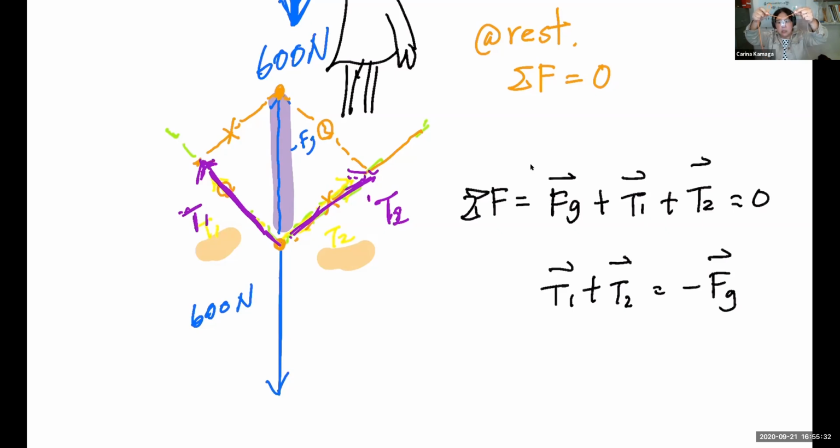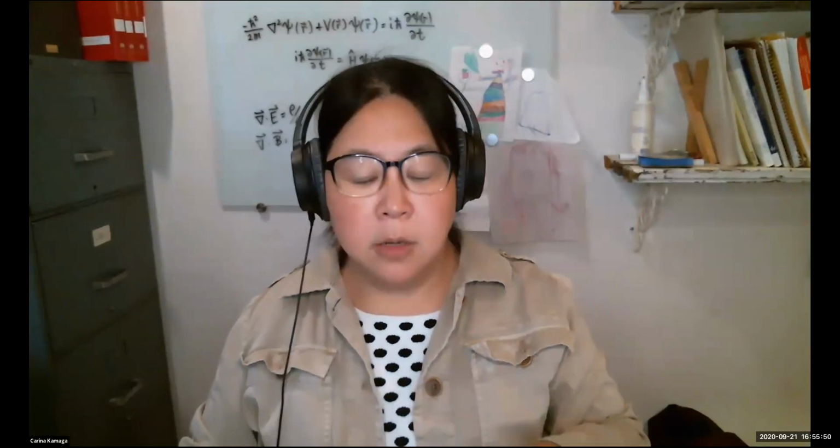Increases, decreases, or stays the same? And what happens when it's completely horizontal? So that's the end of static equilibrium. You might want to think about the questions that I just asked, and then I'll see you in class.